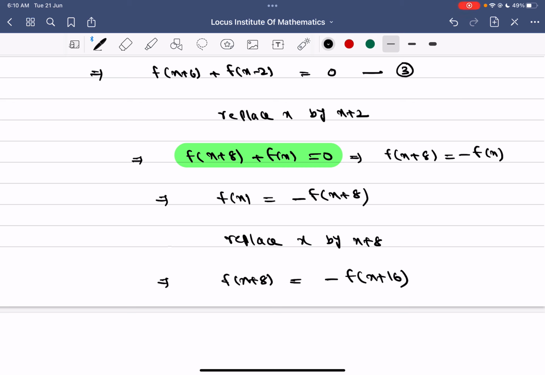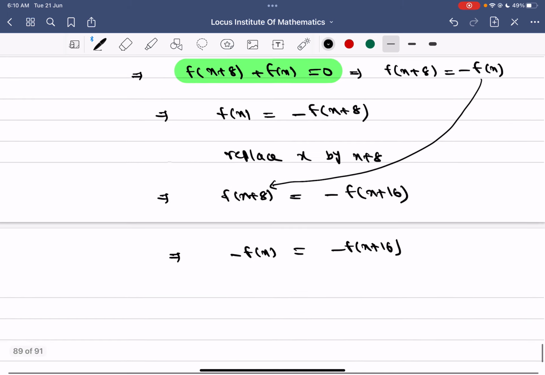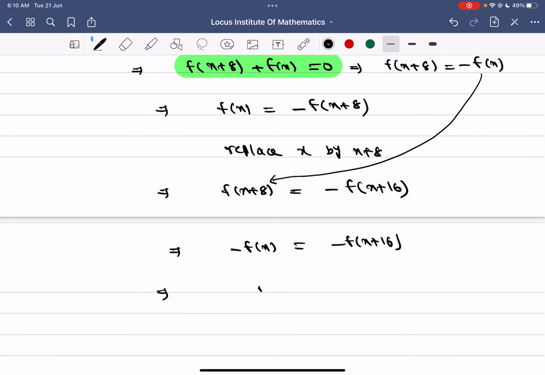So you replace f of x plus 8 with minus f of x here. Then what you get, minus f of x is equal to minus f of x plus 16. So the minus signs cancel. Then what you get, f of x plus 16 is equal to f of x.